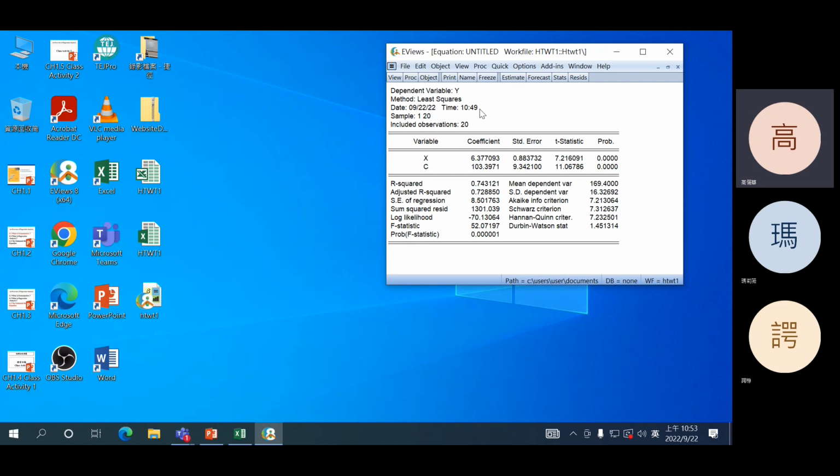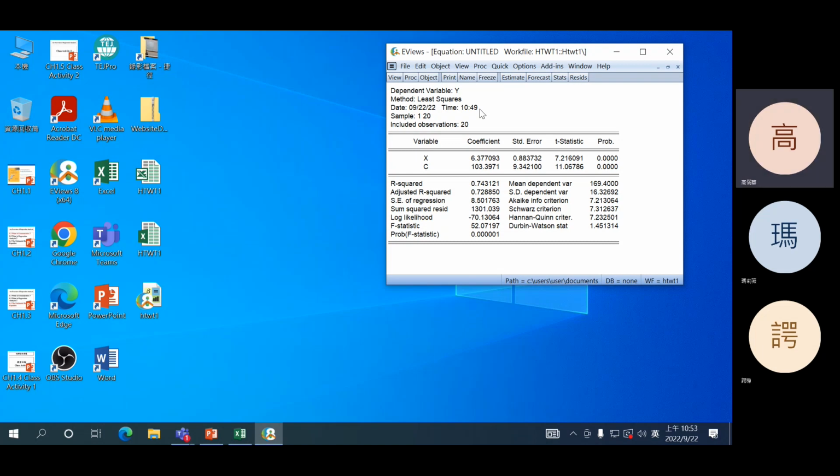So they have this positive relationship. And the constant is 103.3971. So the diagram should be like this way. The constant means this part. This is called the intercept, right? And the slope is 6.377. So this is a positive relationship.